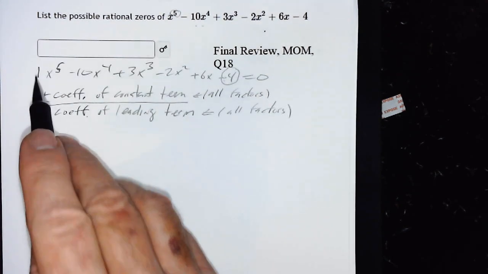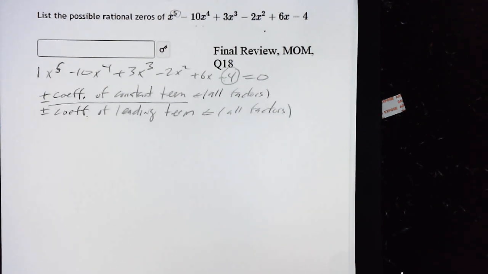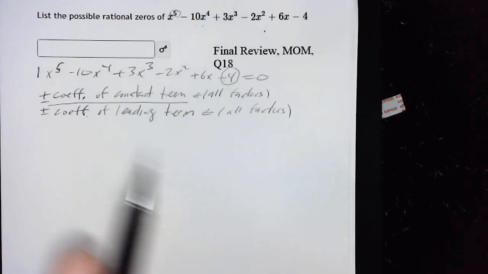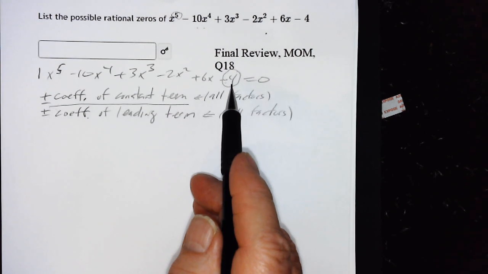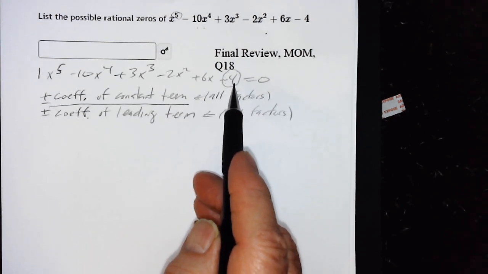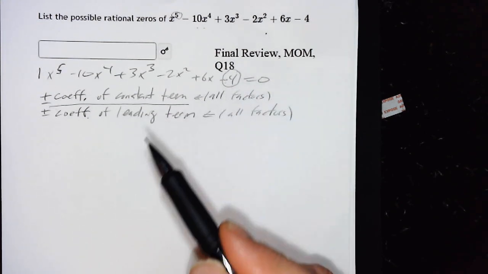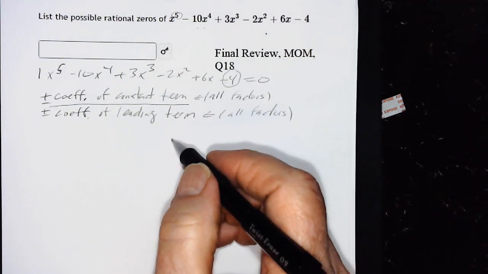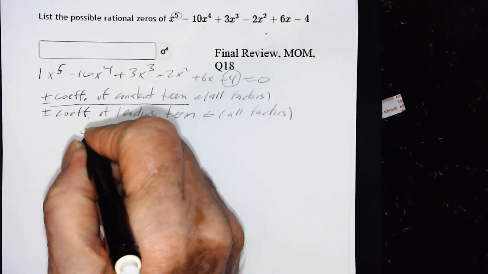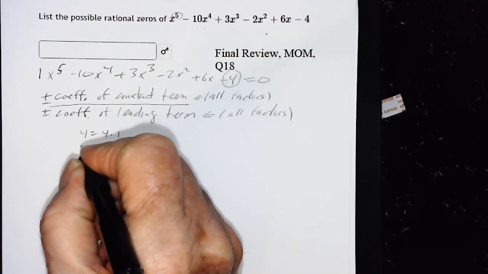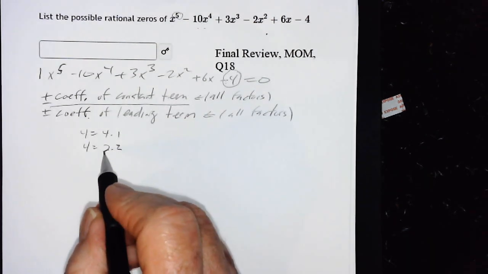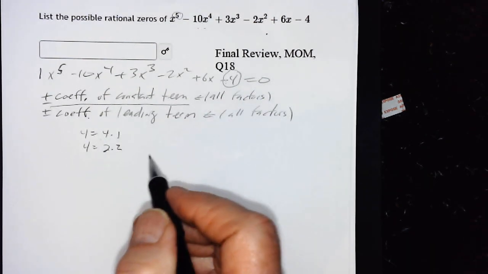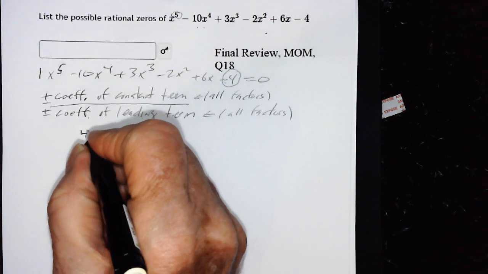Or a negative 1 is also a factor, since a negative 1 times a negative 1 gives us 1. But the number 4 has 3 possible factors. If you want to factor 4, you can factor it as 4 times 1, or factor it as 2 times 2. So you see all of these numbers, 2, 1, and 4, are all factors of 4.